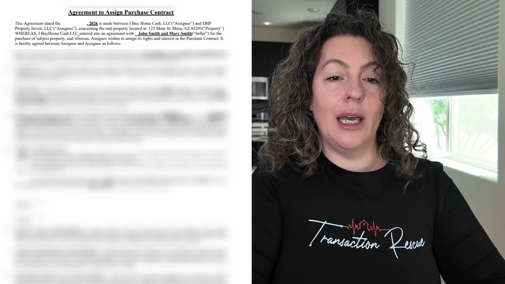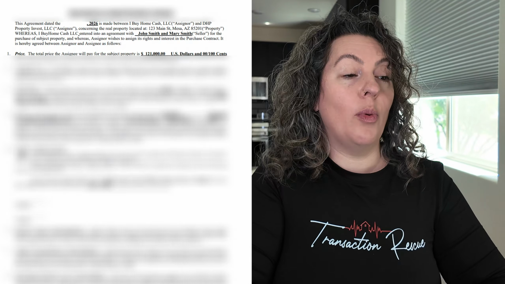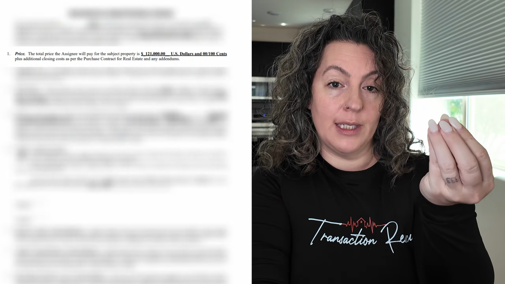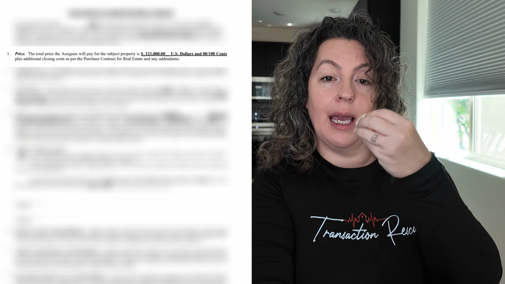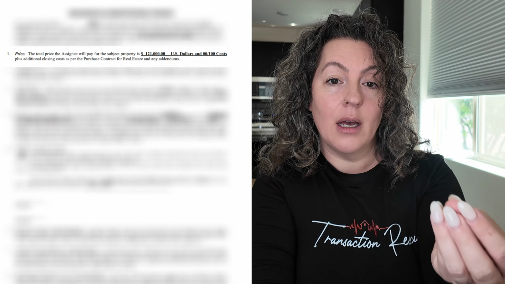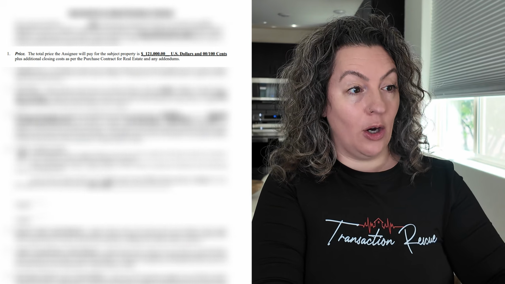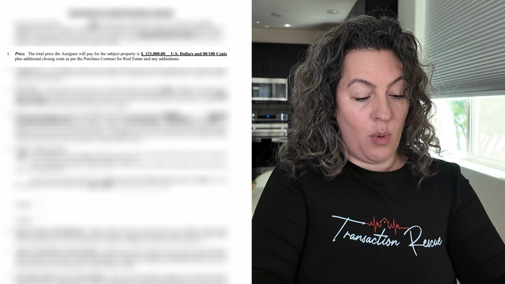Now here's where things get a little awry for some reason. The total purchase price here is not the price that you locked up with the seller. So I was under contract for $100,000 and I marketed it to the assignee at $120,000, and that is the price that goes on here. So we agreed actually on $121,000.